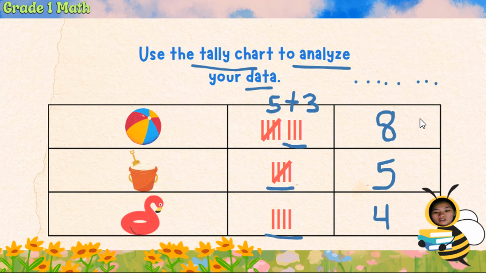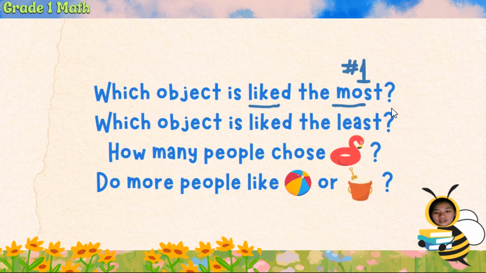You can look at the numbers 4, 5, 8. So the most means most people like it very, very much. So which number is bigger? 8. Obviously, 8 is bigger. With this question, the answer is the beach ball.